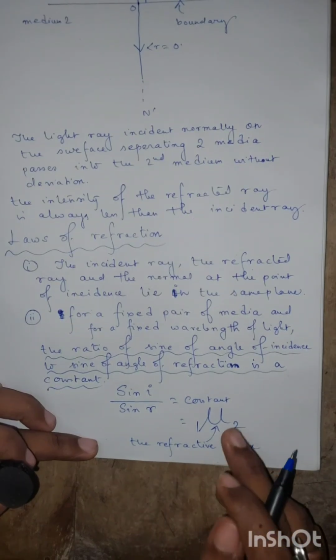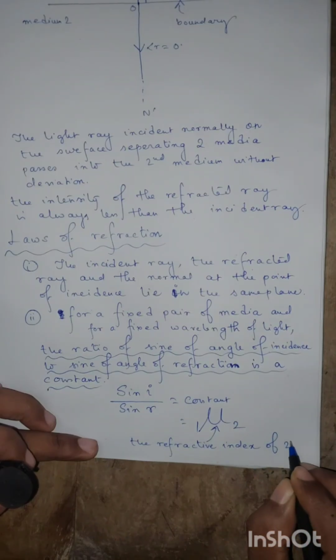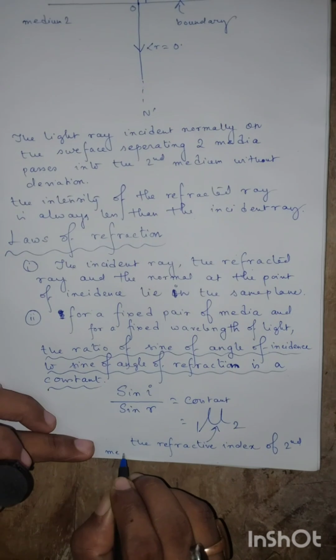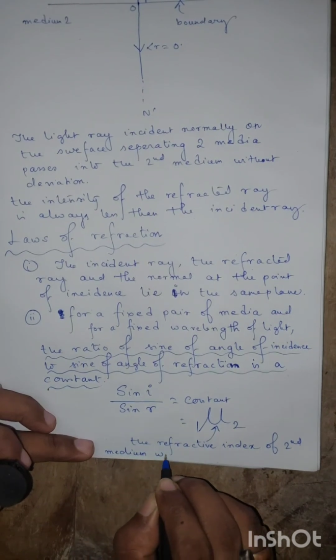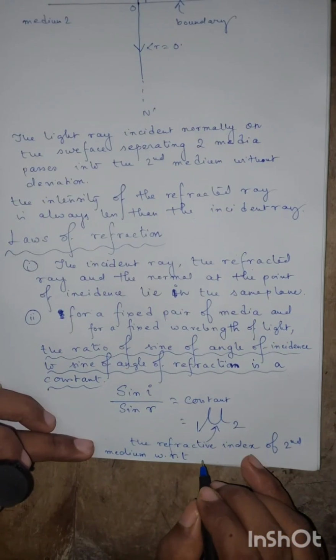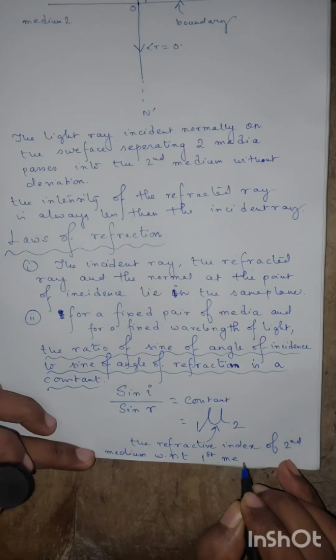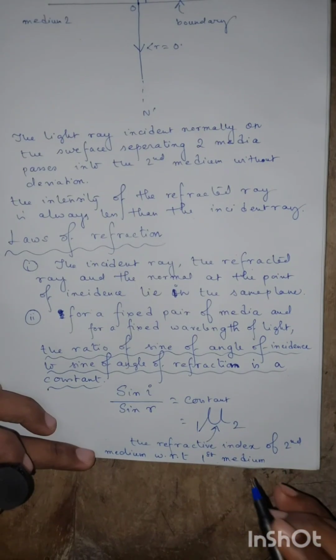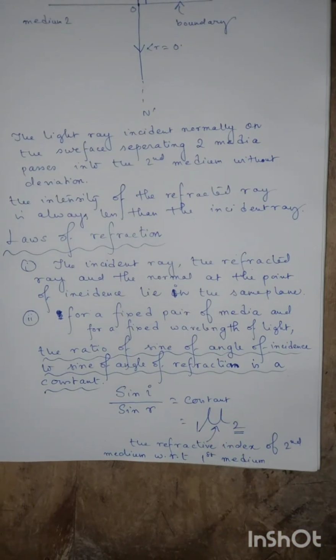Okay, the mu is also called the refractive index of second medium with respect to first medium. Refractive index of second medium with respect to first medium. Okay, this is our refractive index.